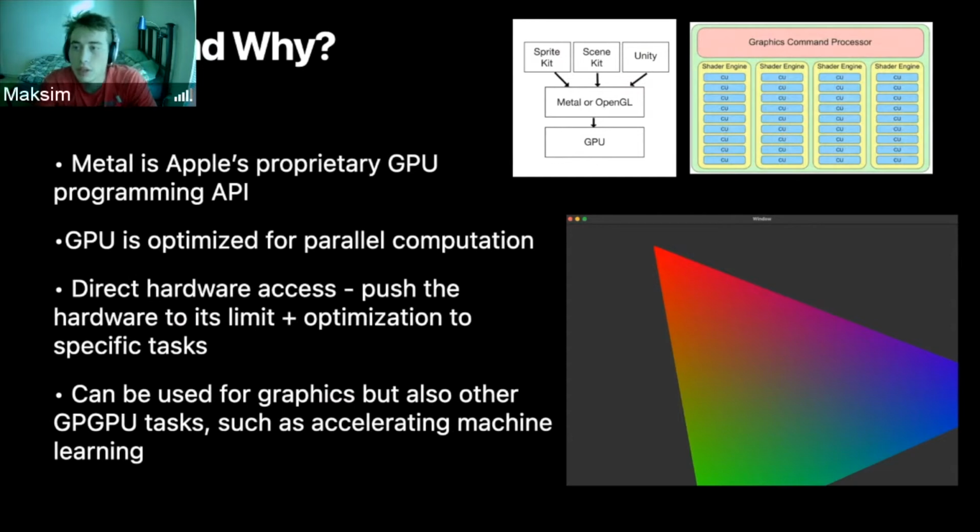Another reason to learn Metal is not just for graphics, but for general purpose GPU computing, and that's a new thing. It hasn't been around as long as graphics, but it's becoming a new thing because you want to, for example, train your models on a GPU, because machine learning models use a lot of computation, and GPUs are optimized to do that kind of computation.